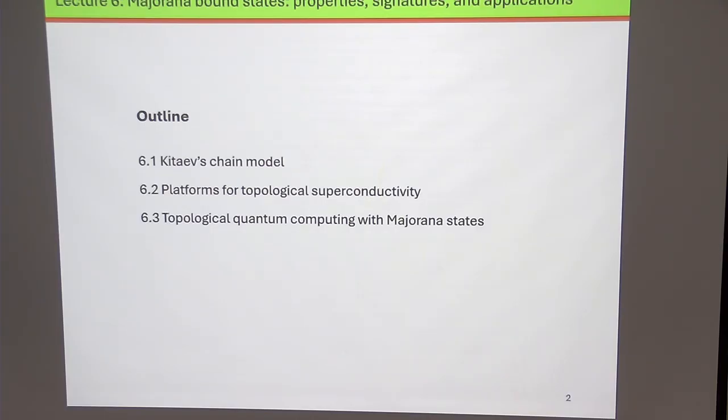Actually, for the Kitaev chain model, you can also use some trick and describe it with a winding number, but just not to repeat myself, let's try something different with it. Okay. And then if there is some time, I can talk a little bit about these ideas of topological quantum computing with Majorana states.